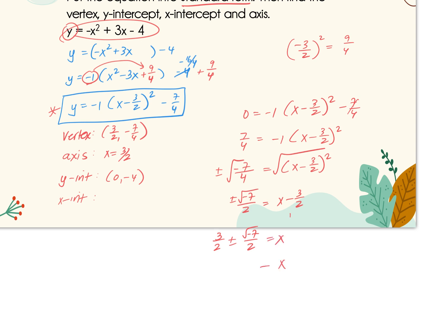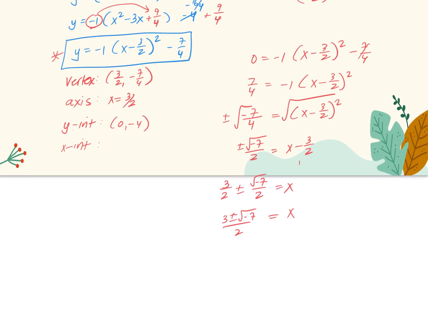And I could clean this up, but you should start to see a little problem here, because the square root of -7 is really an imaginary number. It's i radical 7 over 2. So guess what? x equals an imaginary number, okay?